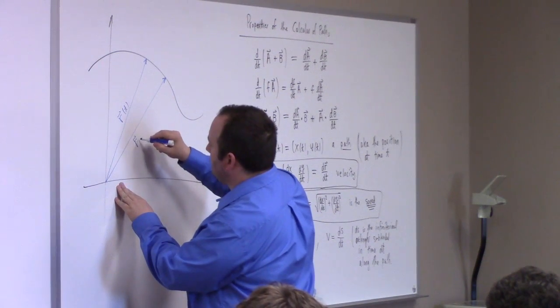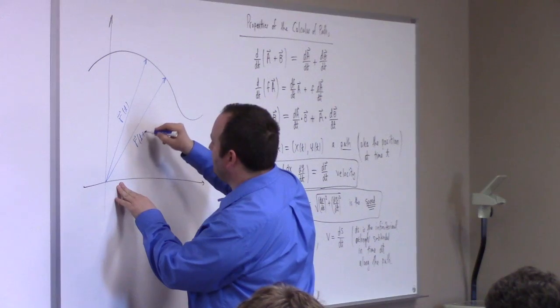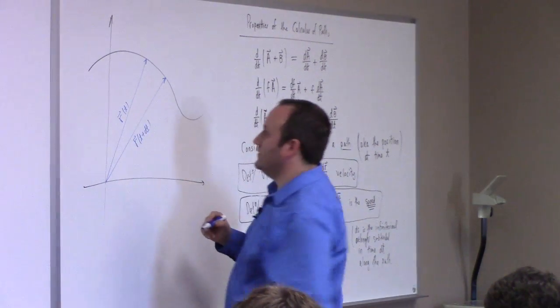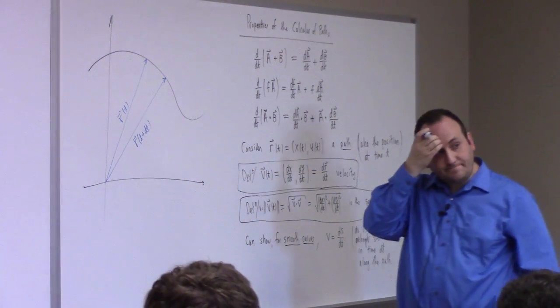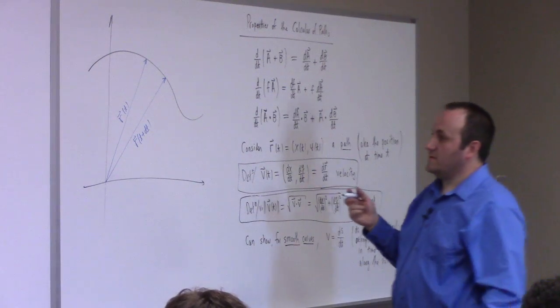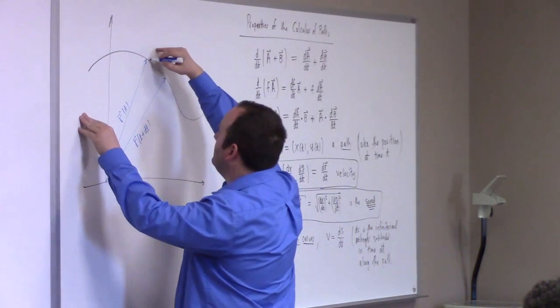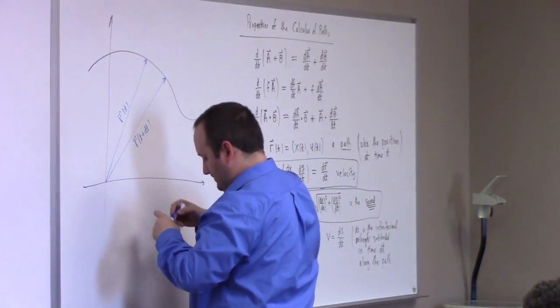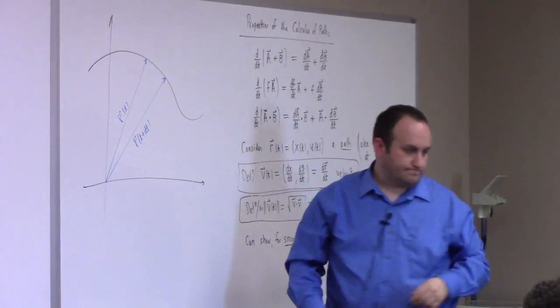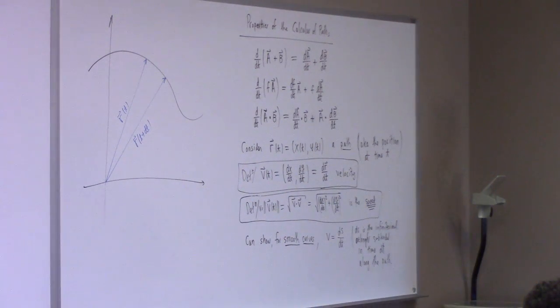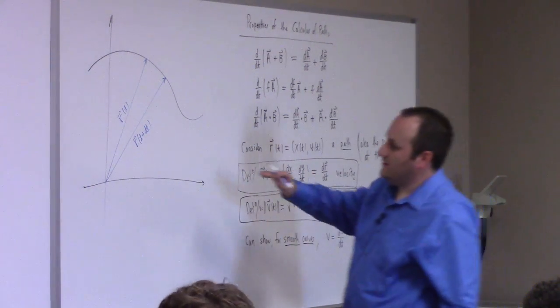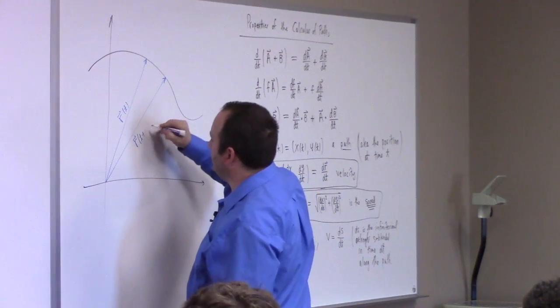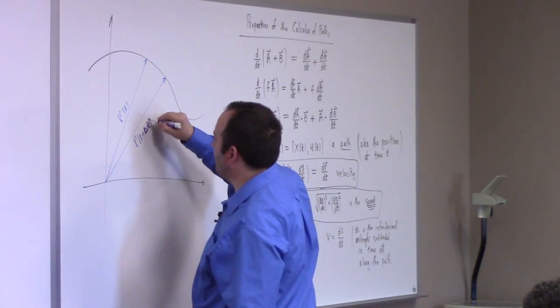This is r of t plus dt. Think about just a little bit more time, right? So what would the vector connecting them be? I tell you what, that dt I just wrote is making some of you uncomfortable, with good reason. Let me make it delta t. There you go. A little finite increment of time.